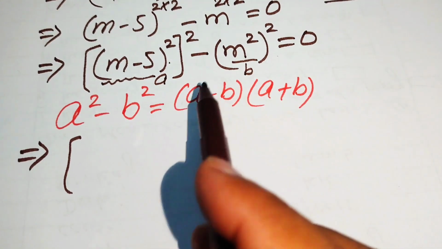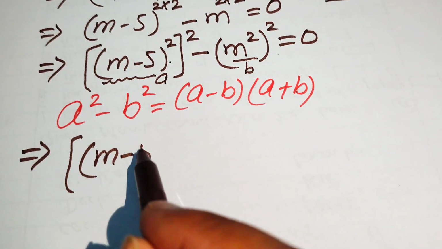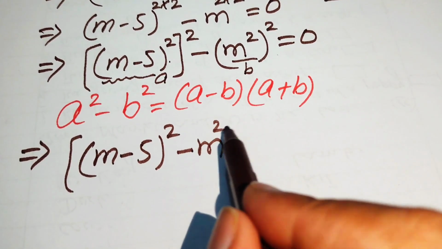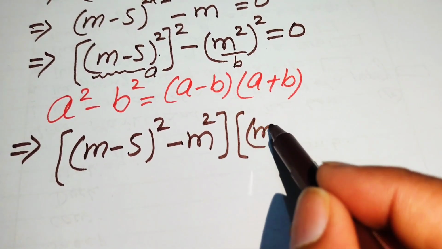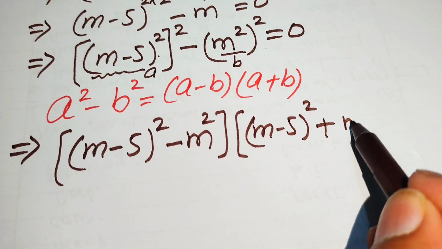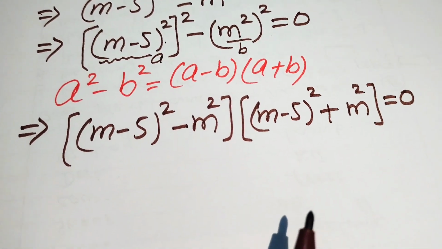So we write its output in this form as ((m - 5)^2 - m^2) times ((m - 5)^2 + m^2), and this whole equation equals 0.